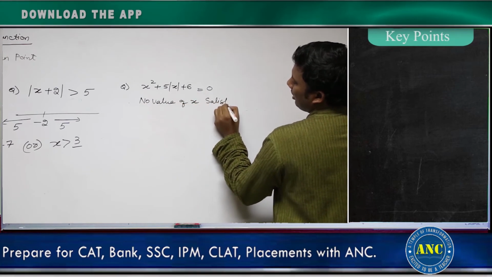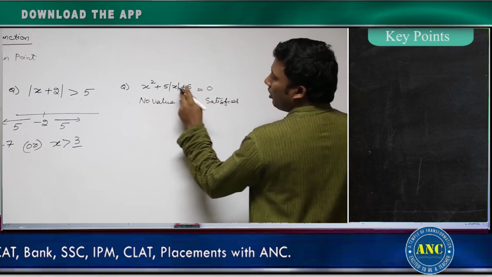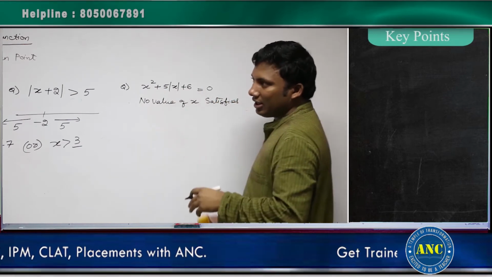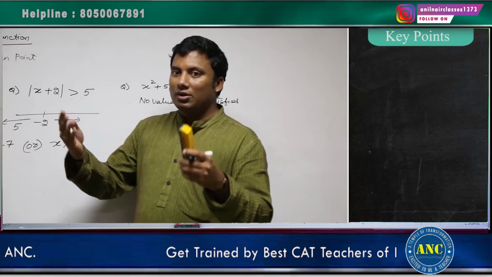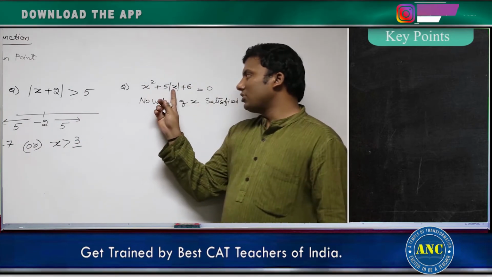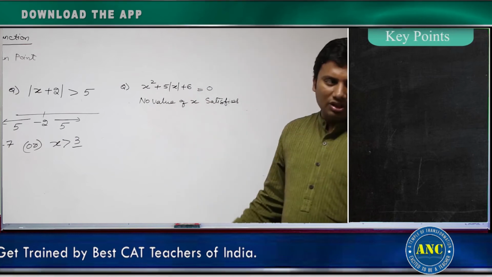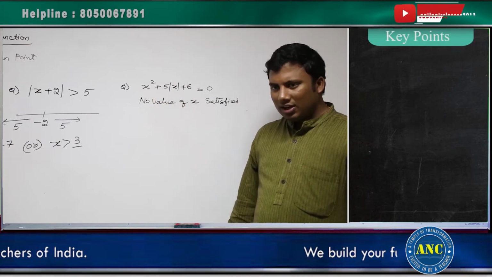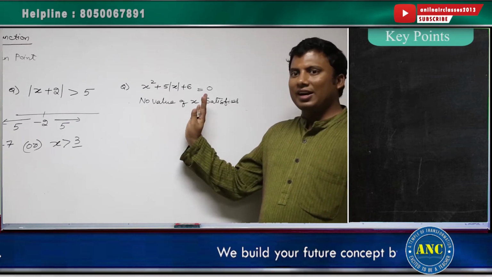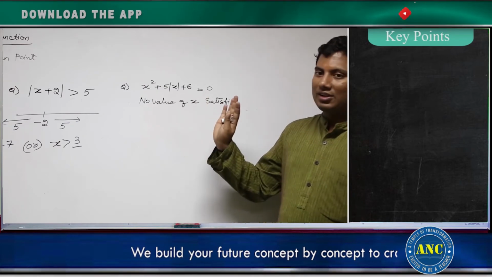Why? Because mod x can never be negative. Either it will give 0 or it will give positive. Positive plus positive plus positive, can it be equivalent to 0? No. If it is 0, 0 plus 0 plus 6, can it be equivalent to 0? No. So you can say directly that the answer is no value of x exists.